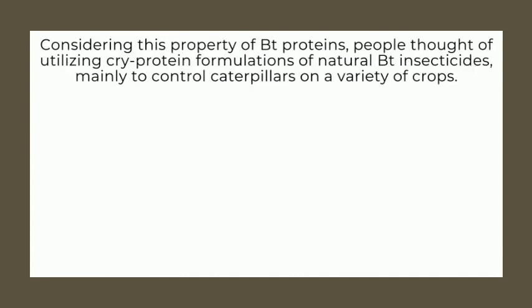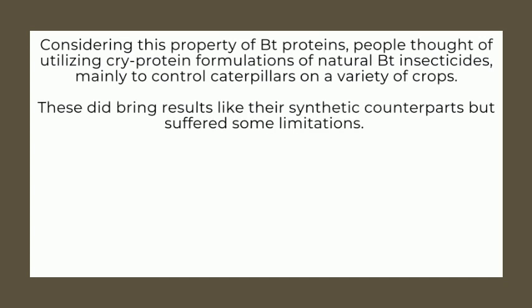Considering this property of BT proteins, people thought of utilizing cry protein formulations extracted from a Bacillus thuringiensis culture grown in a bioreactor, mainly to control caterpillars on a variety of crops. These did produce results like their synthetic counterparts but suffered some limitations.